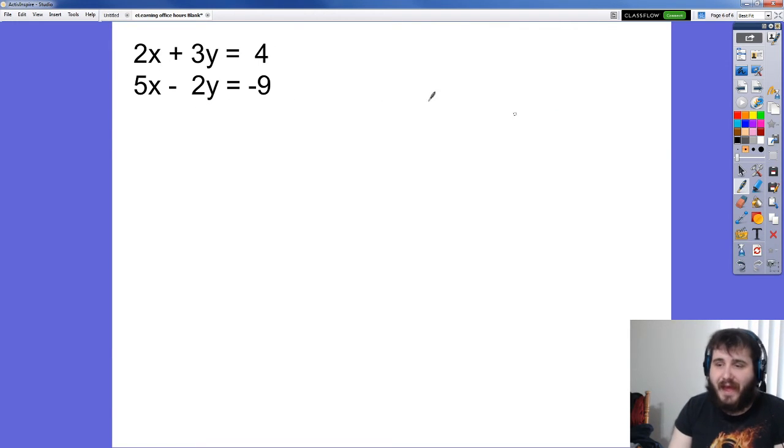So what needs to happen in order to use elimination is we need to make sure that the number in front of the variable, for one of the two variables you get to choose, either x or y, are the same number but opposite signs. Now if you look here, these are both the same sign, these are both opposite signs.